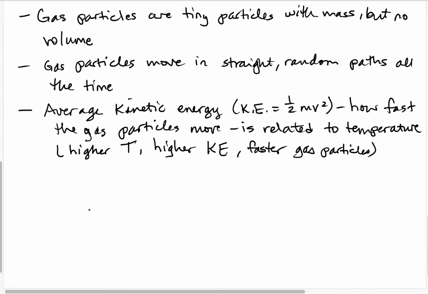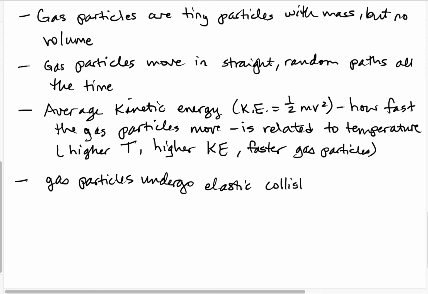So here's another part that we've already talked about from the ideal gas theory, which is that our gas particles are always going to undergo elastic collisions. And so since those collisions are elastic, they aren't going to affect the temperature or the kinetic energy.